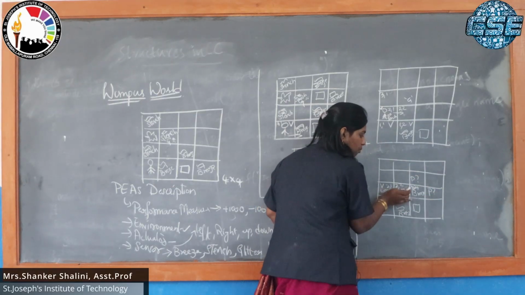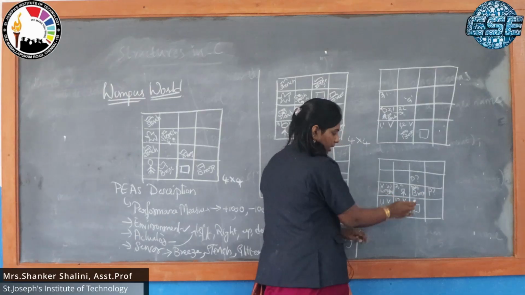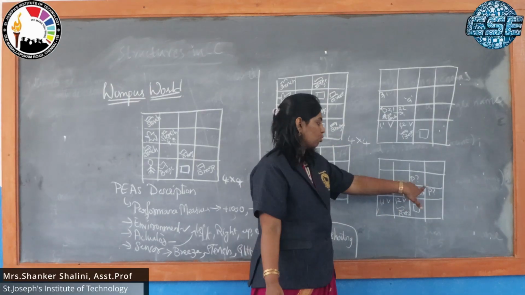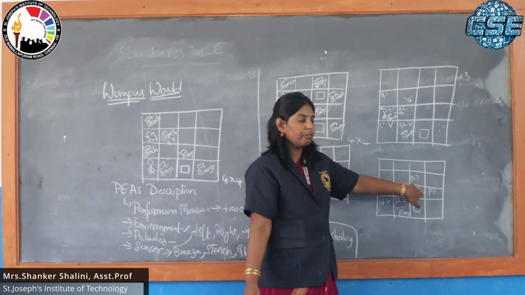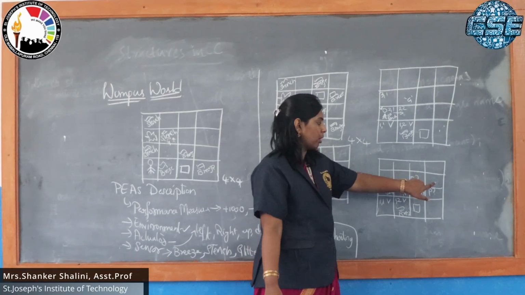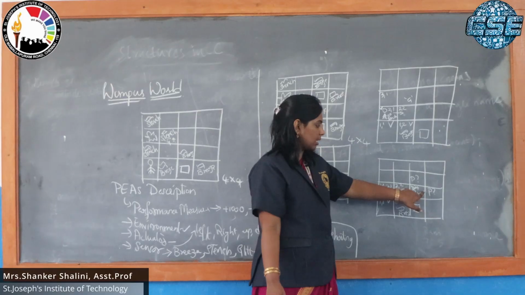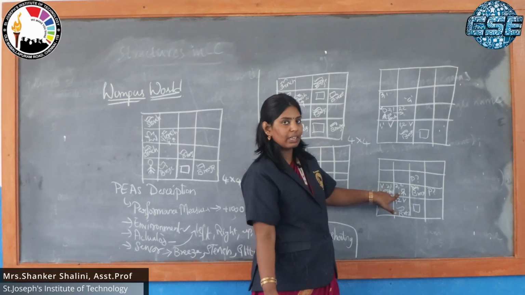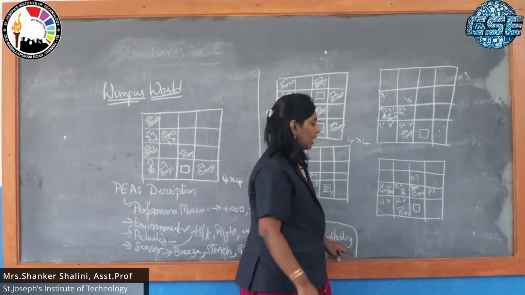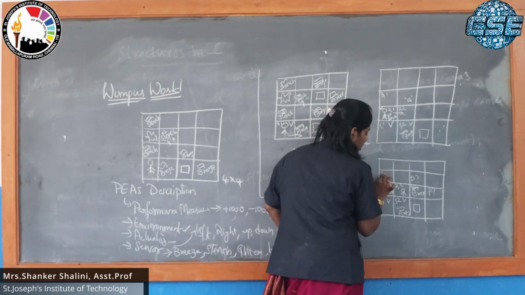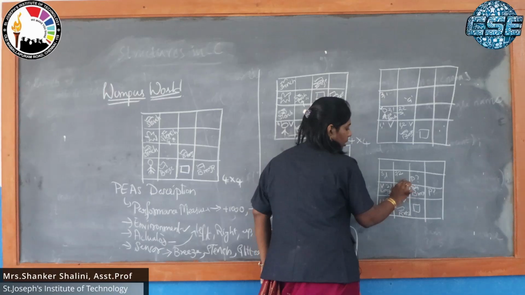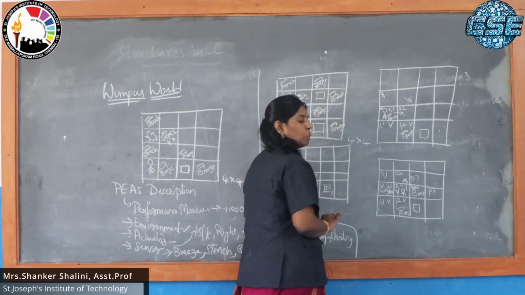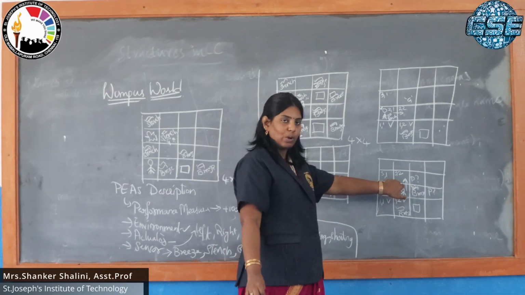If the agent is in (2,3), there is a possibility of a pit above it or to its right. Then what does the agent do? It will come back and stay in (2,2) itself.